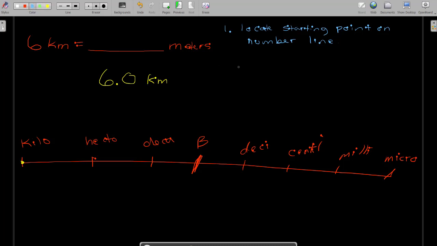Step 2 is to identify where you're going to. So in this case, kilo to base units, I'm going to here.